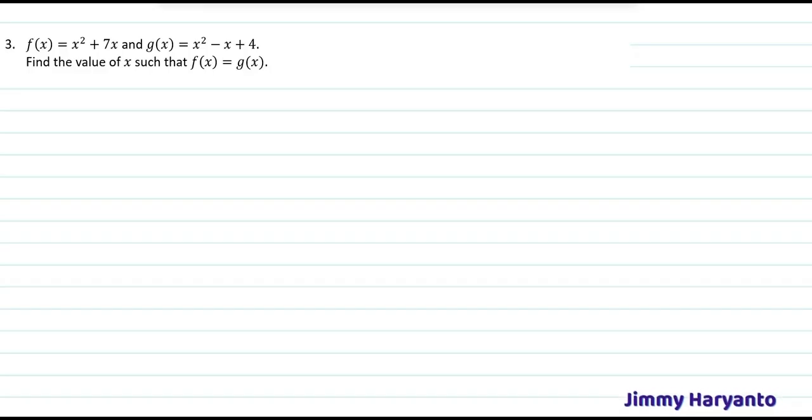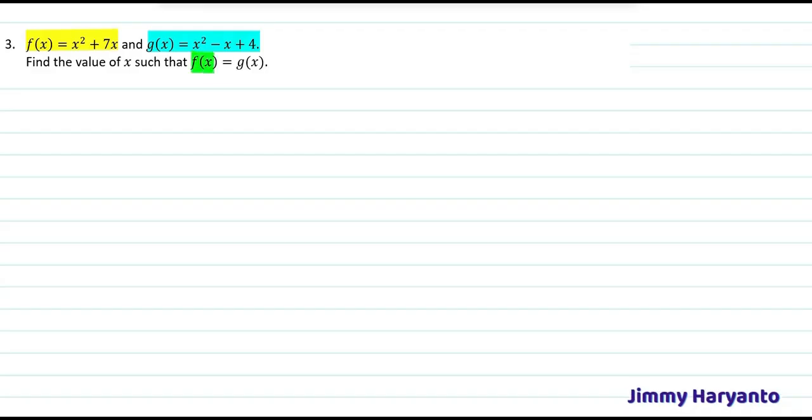It will be a little bit complicated because it involves higher algebra skills. In this question, f(x) is already given, which is x squared minus 7x, and g(x) is already given, x squared minus x plus 4. This one is still easy because the x squared will cancel each other out.